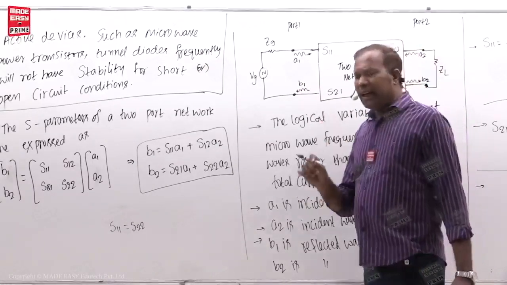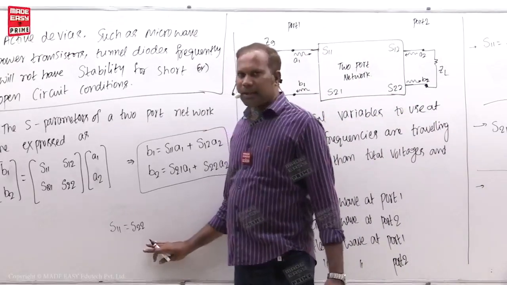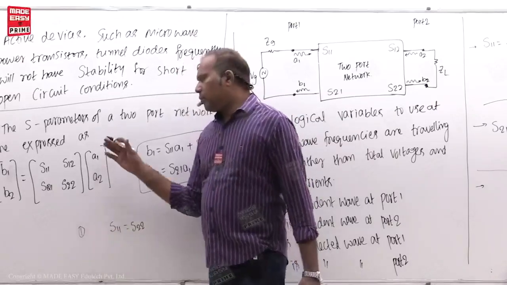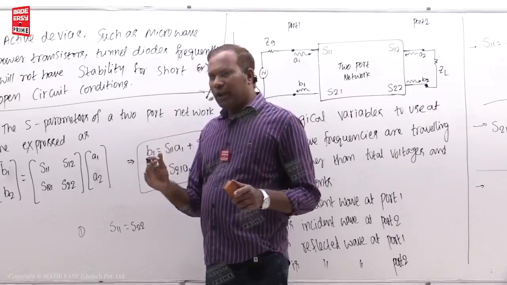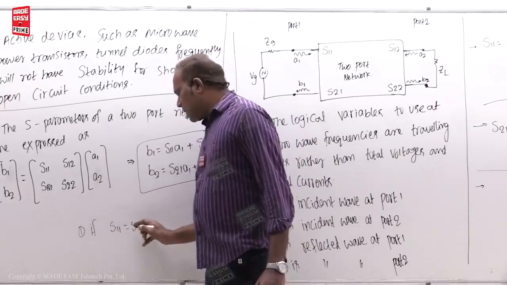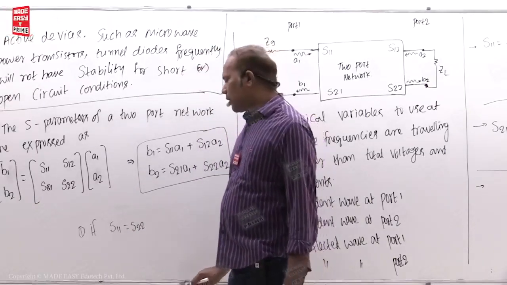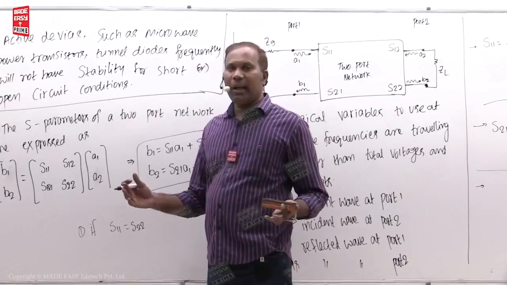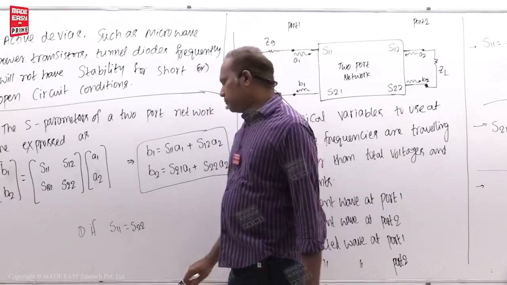Now these are not properties, students, these are the statements. You have solved the S matrix for a particular network. Then for that network, if S11 is equal to S22, that means input reflection coefficient is equal to output reflection coefficient. That means port 1 and port 2 behavior is similar. That is why that is called a symmetric network.